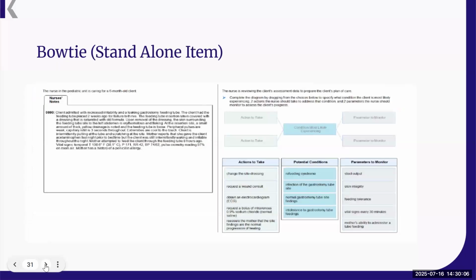The next item you're seeing here is a bow tie, and we're calling it a standalone. It's a standalone item because it can address more than one. It actually evaluates all the cognitive skills of the clinical judgment measurement model within one test question. Visually, it's called a bow tie because it looks like a bow tie. You have the scenario over on the left-hand side and then the stem of the question.